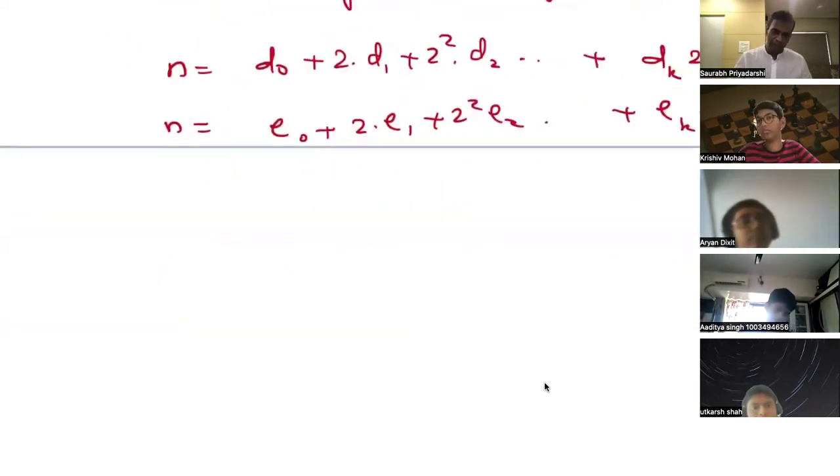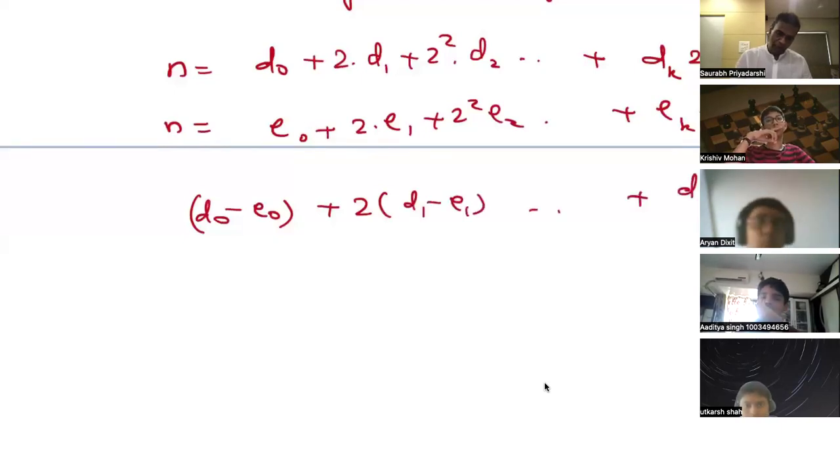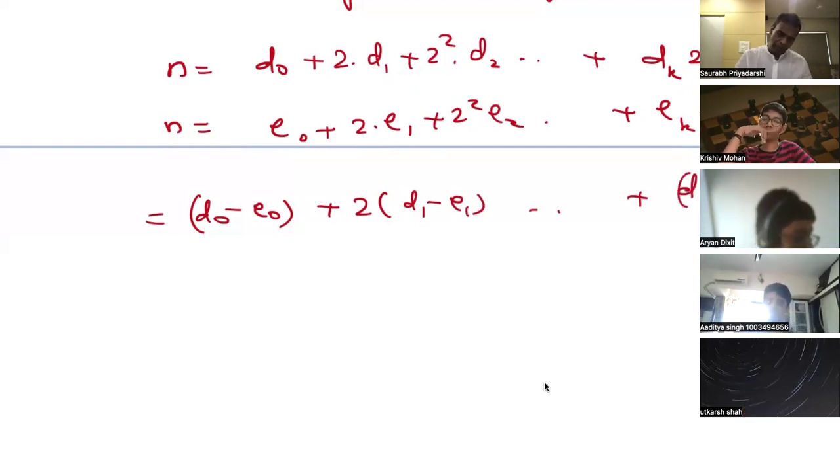If I equate this, you can see (d0 minus e0) plus 2 into (d1 minus e1) and so on up to (dk minus ek) into 2 to the power k will be equal to 0.